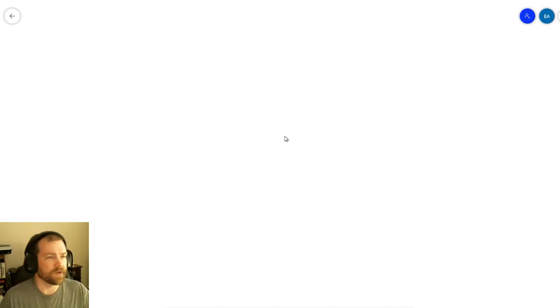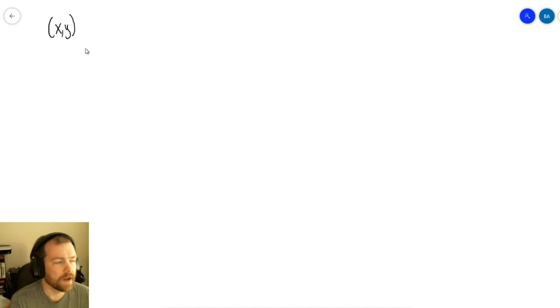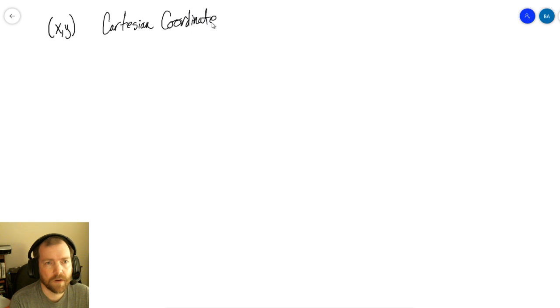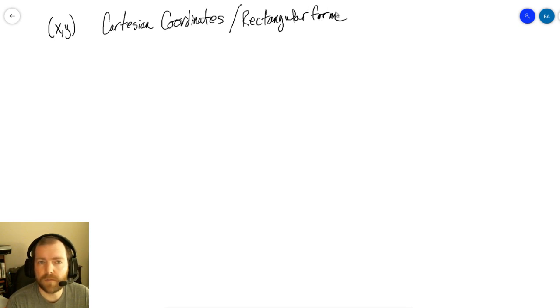Okay, so basically in doing polar graphing, rather than having coordinates in a Cartesian system, which is also called rectangular, we want to look at having our coordinates in polar form, which deal with r and theta.